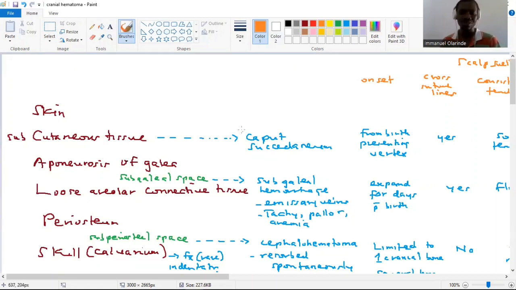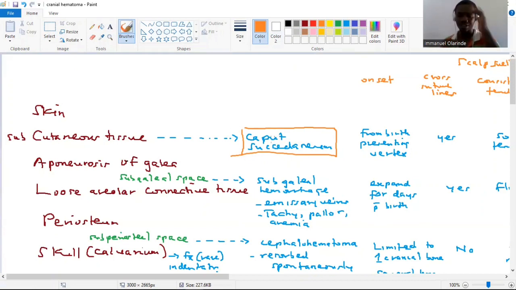This is basically a subcutaneous bruise. We see these in newborn babies who probably have some sort of trauma on the vertex of their skull, maybe due to repeated friction with the pelvic bone or something like that.